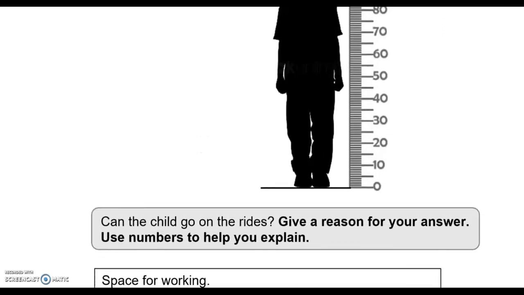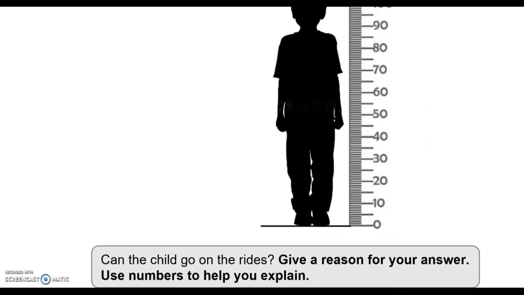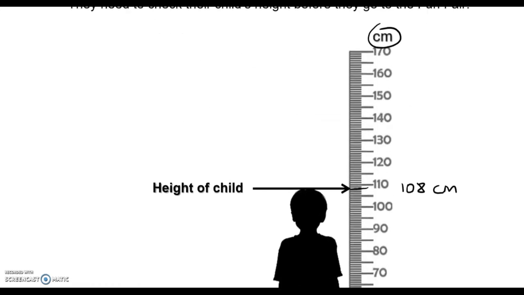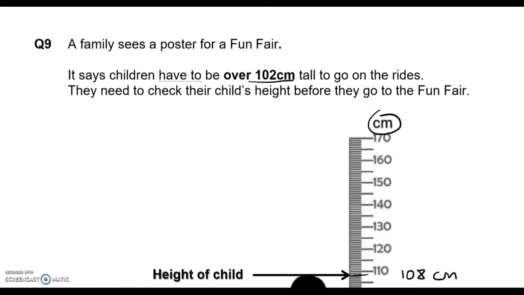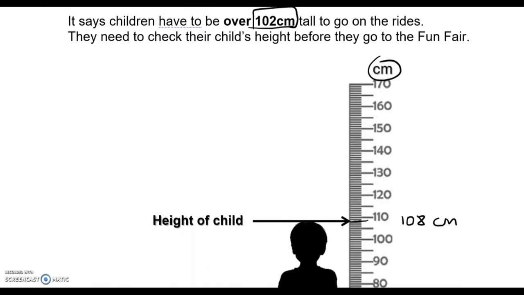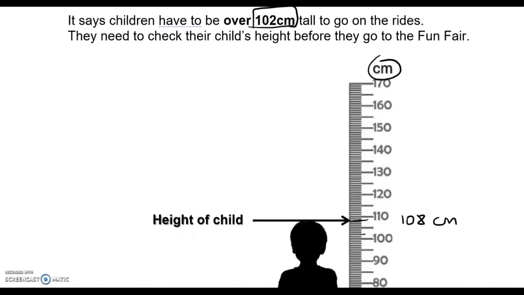Can the child go on the rides? Give a reason for your answer. Use numbers to help you explain. So, what was the limit? They need to be over 102 centimeters tall, and is this over 102? That is, because 102 is here.